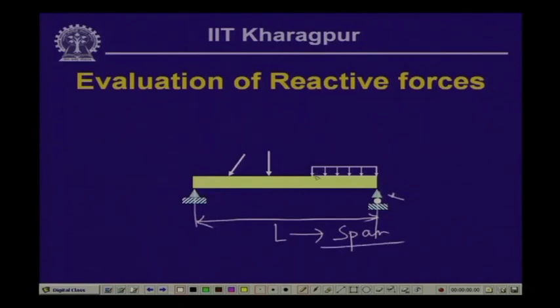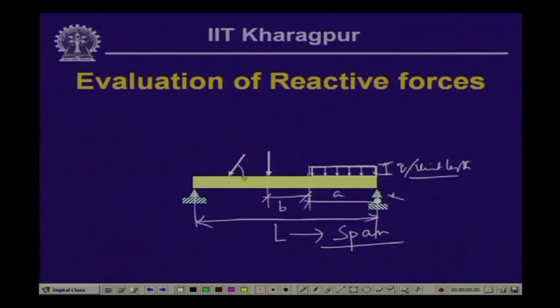Now, it is subjected to a uniformly distributed load over this part, say of intensity q per unit length, and let us say this particular length is A. A vertical concentrated load is acting at a distance of B from here.